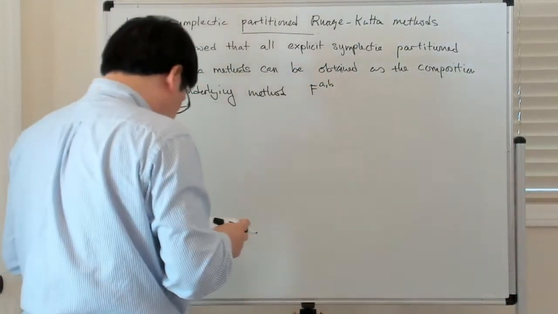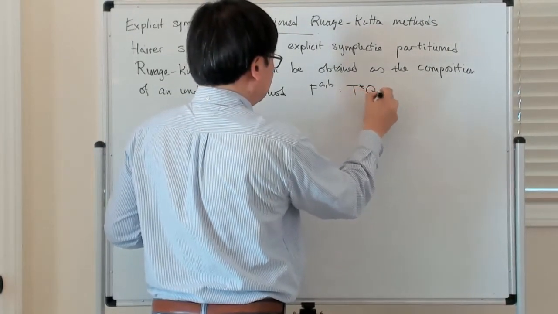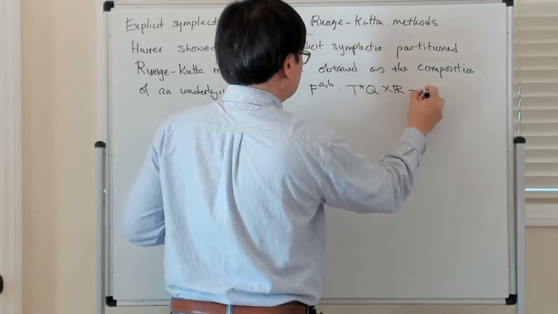Okay, so F_AB is a map from T*Q across the reals to T*Q.